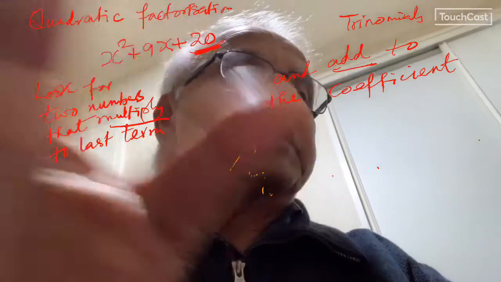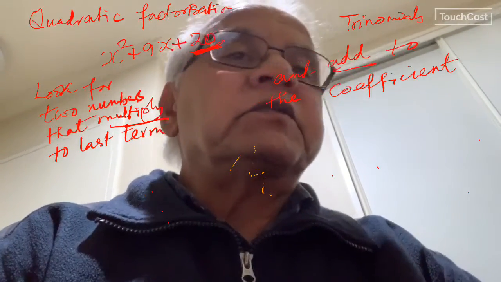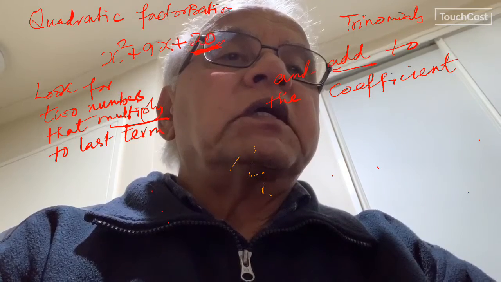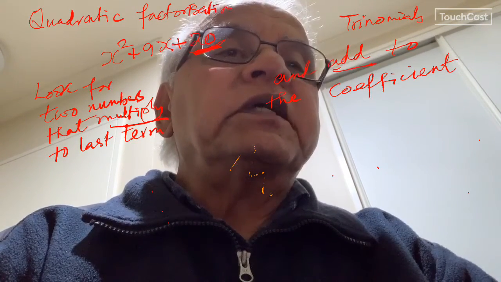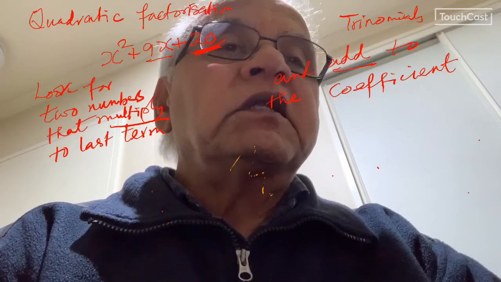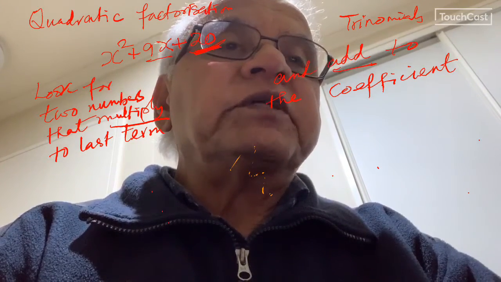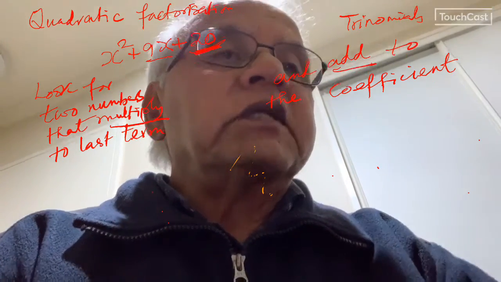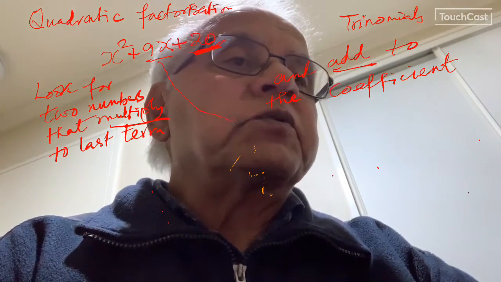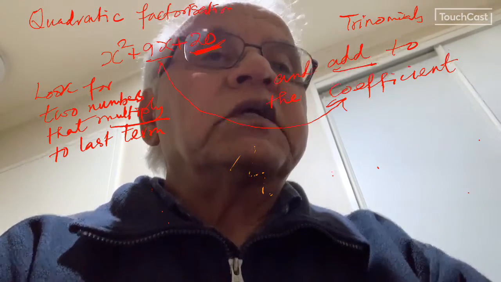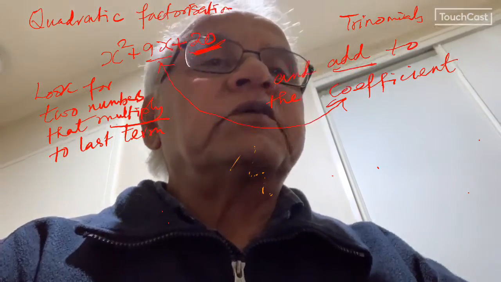Well, that's a mouthful. It's not easy. So the partner to this term is 9, the number, and x is the variable. So 9 is, I'll just draw an arrow, the coefficient of x.